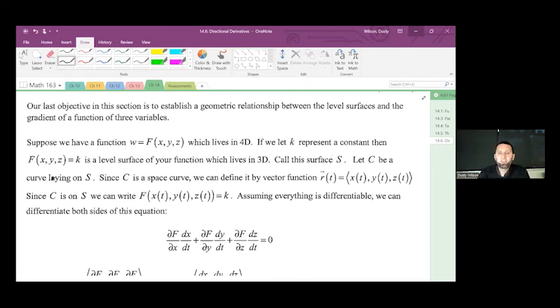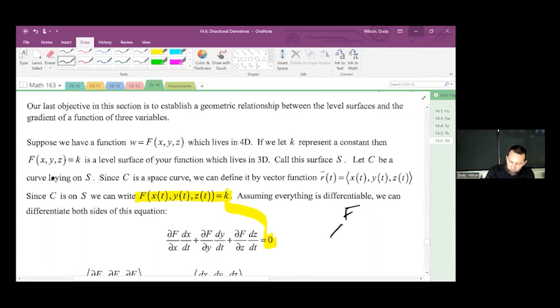So assuming everything is differentiable, we can differentiate both sides of this equation. Here we're using the multivariate chain rule. We started with this thing. The k is going to translate to the 0. And then the multivariate chain rule gives us, let's make sure we see what's going on.